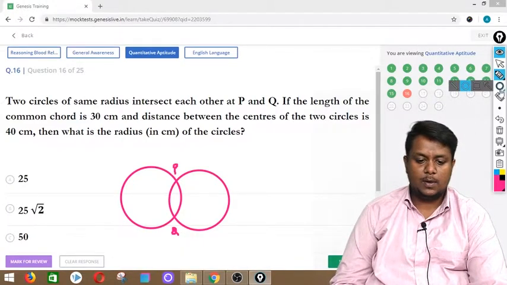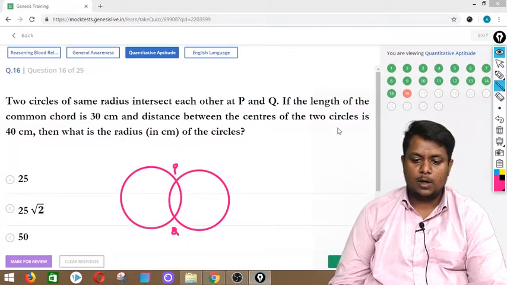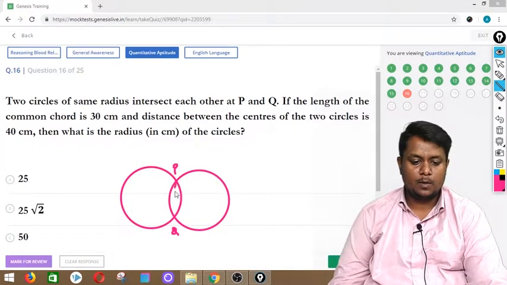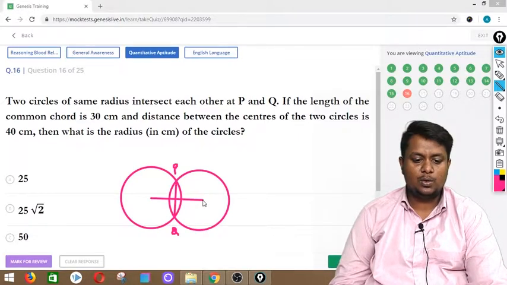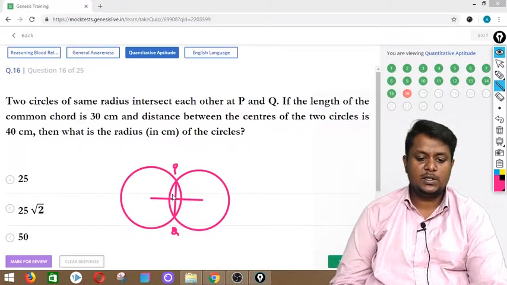And we have a common chord connecting P and Q, and the length between the two centers of the circle is 40.